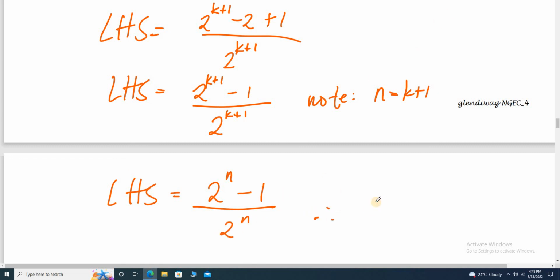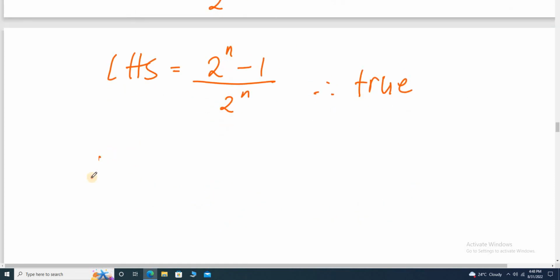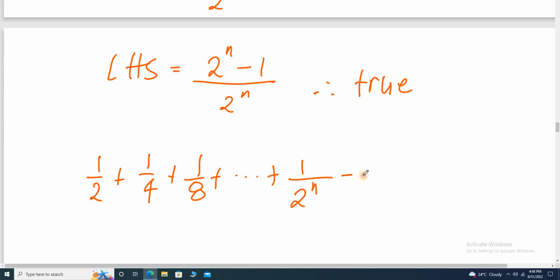So therefore, the equation I have created is true, stating that the partial sum 1/2 plus 1/4 plus 1/8 plus ... plus 1 over 2 raised to n is equivalent to the partial sum, which is 2 raised to n minus 1 over 2 raised to n. That's the end of my example. Thank you for watching.